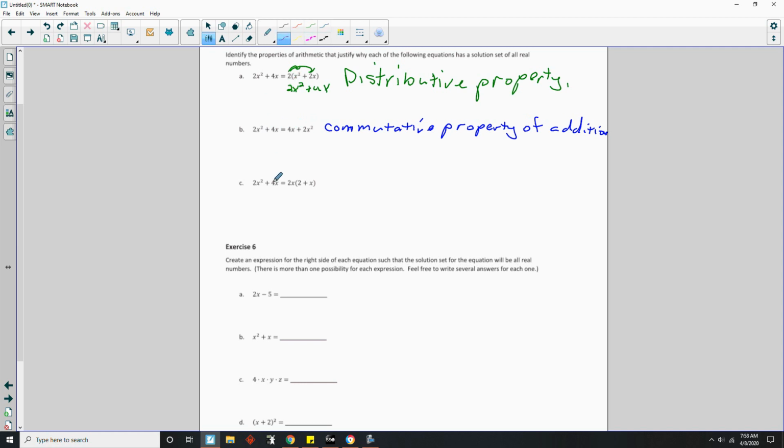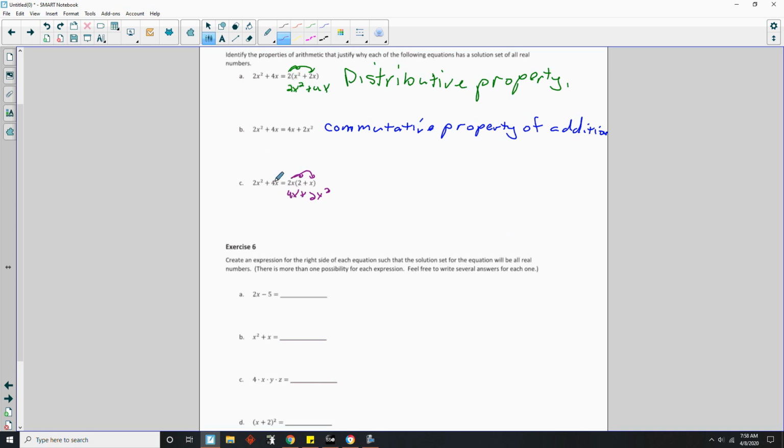Part C. C says 2x squared plus 4x equals 2x plus 2 plus x. Okay, this could be the distributive property. We're distributing and getting 4x plus 2x squared. So that's the distributive property.